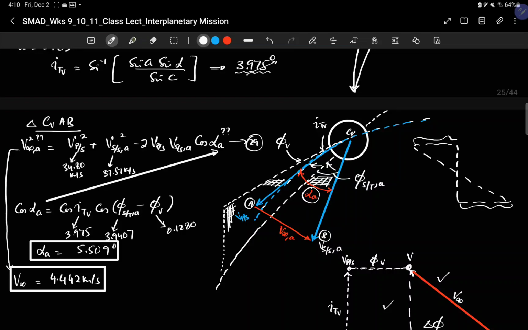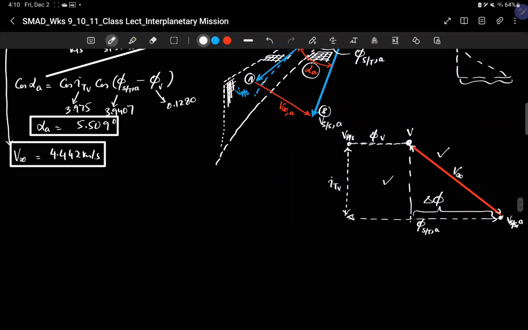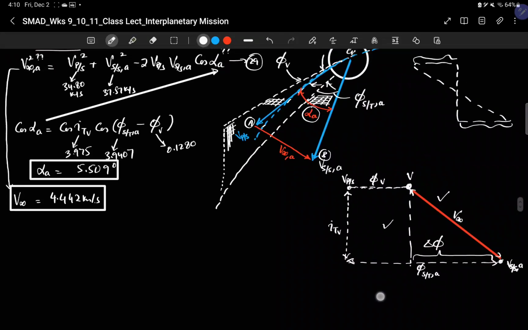The moment you go from an outer planet to an inner planet, your velocity will increase. If you are going to an outer planet like Mars, the V infinity would be less than your hyperbolic excess velocity at that time. This V infinity is the velocity with which it's going to fall onto the planet.